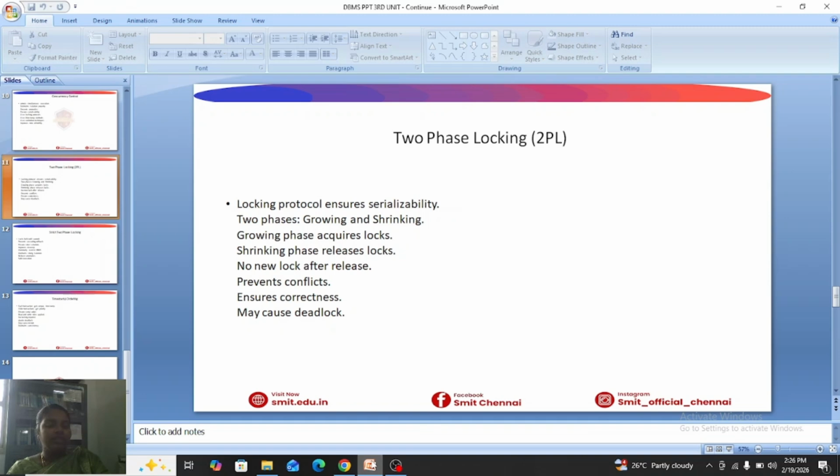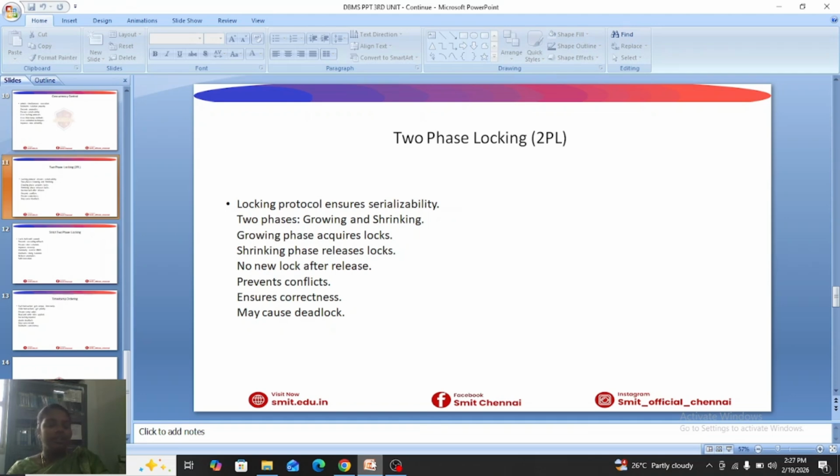Why we need two-phase locking: when multiple transactions execute concurrently, problems like lost update, dirty read, and inconsistent data can occur. Two-phase locking prevents these issues by controlling how locks are acquired and released.